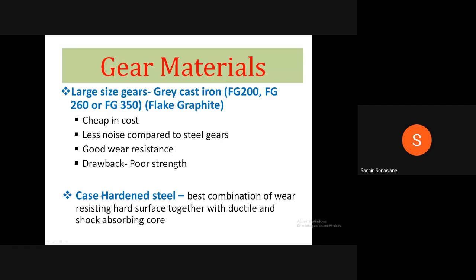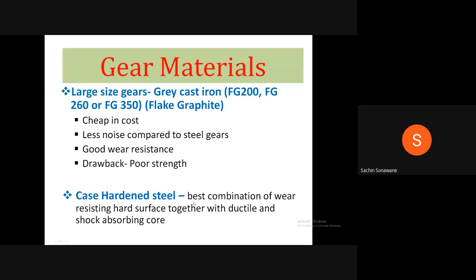Now next is case hardened steel. Case means surface. Always remember, case means surface. Therefore, it gives the best combination of a wear resisting hard surface together with a ductile and shock absorbing core.